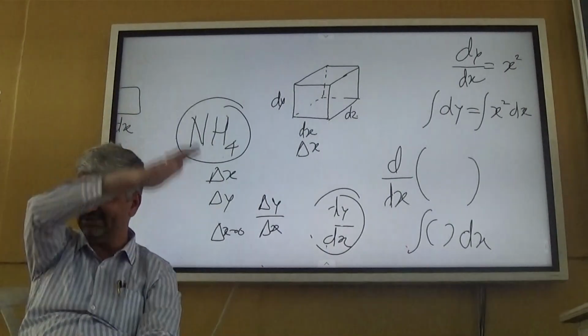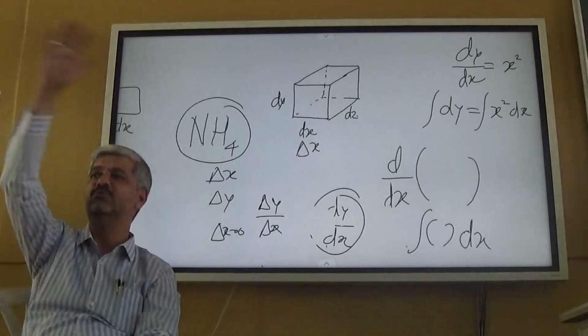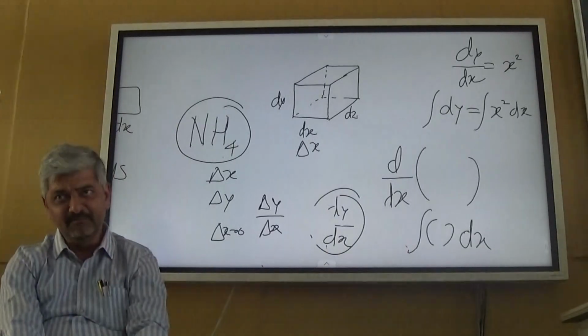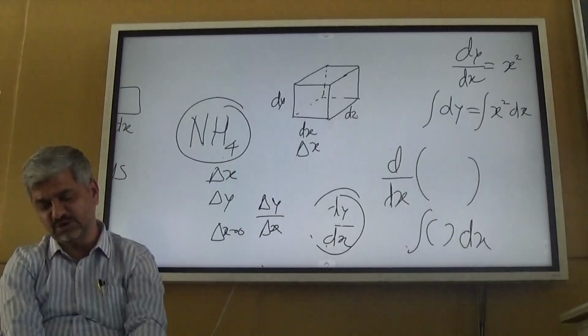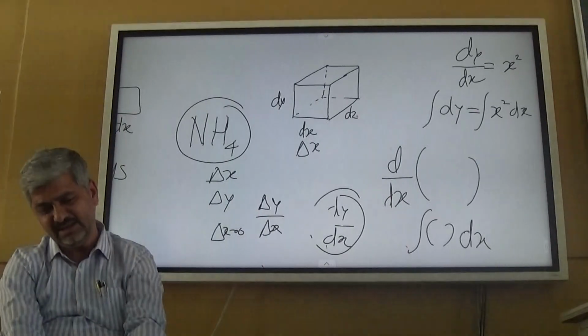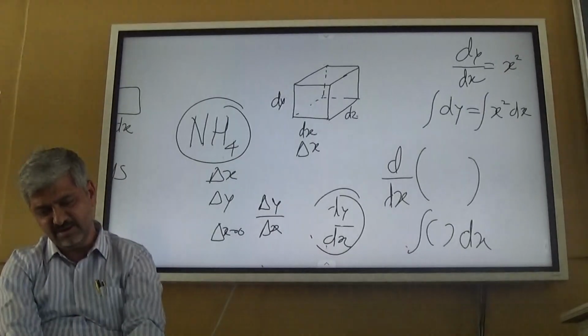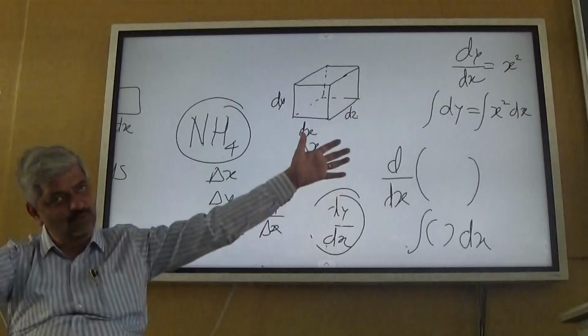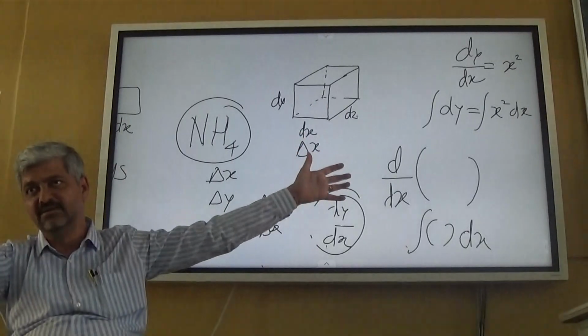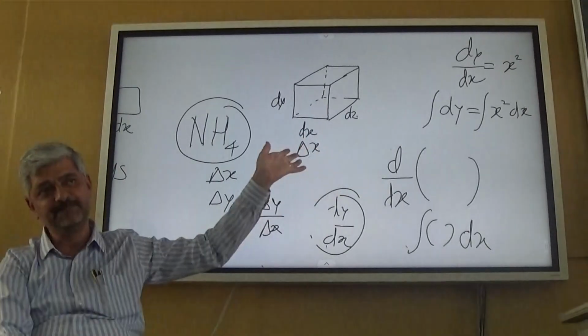Overall charge, total charge is q, total volume is v, but the total charge density q by v does not give me much meaningful figure, because the volume is too large. लक्षात आलं का?